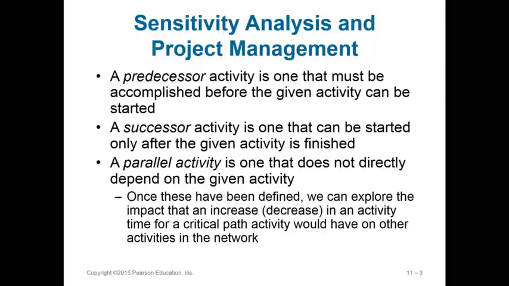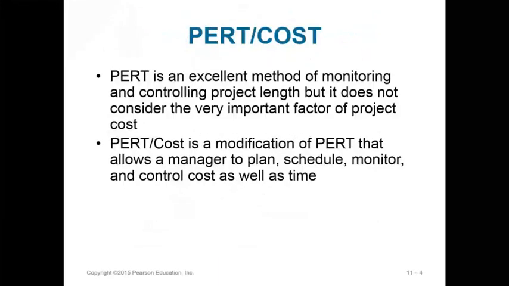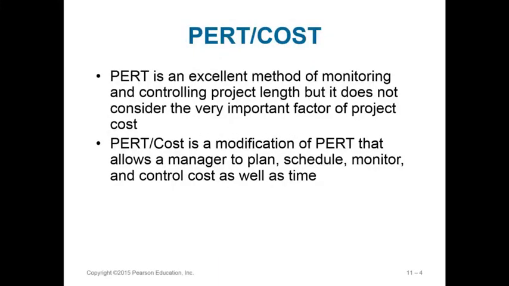And A and B were parallel activities in that they both could occur at the same time, and you might be able to increase or decrease when the start times were for B or D and still not affect the overall project's time.